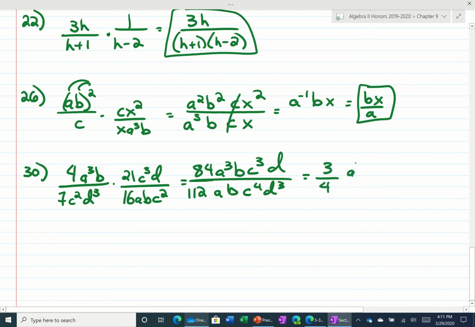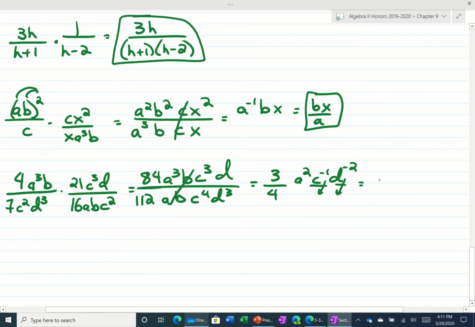We'd get a to the second, the b's would cancel, we'd get c to the negative first, and then d to the negative second. So if we write these negative exponents in the denominator, we get 3a squared over 4c d squared. That should be the answer for number 30.